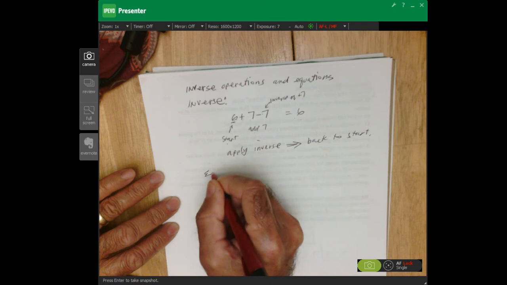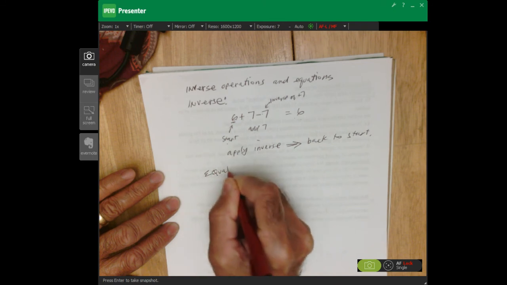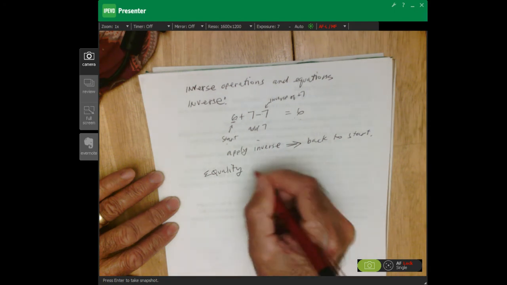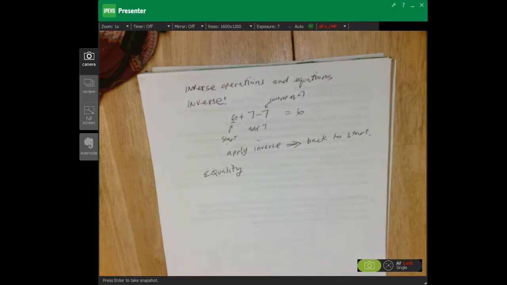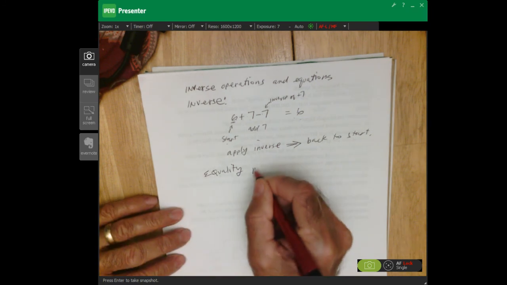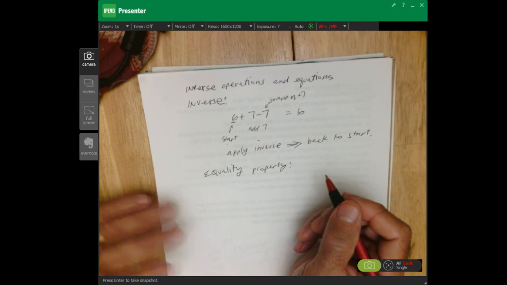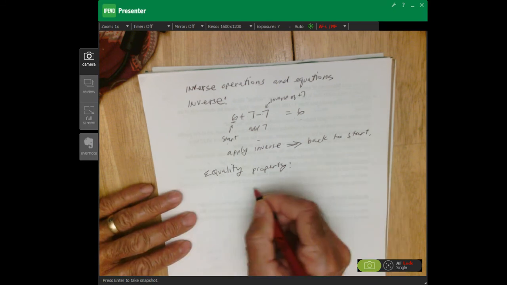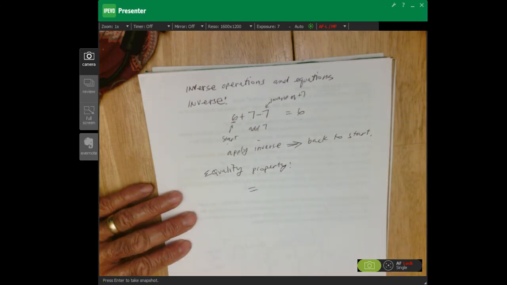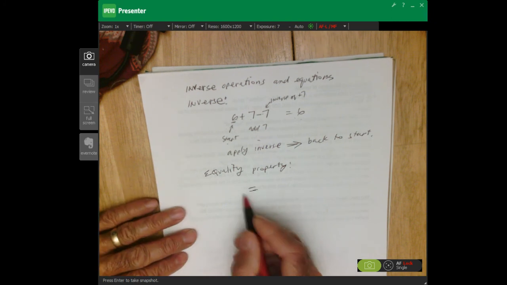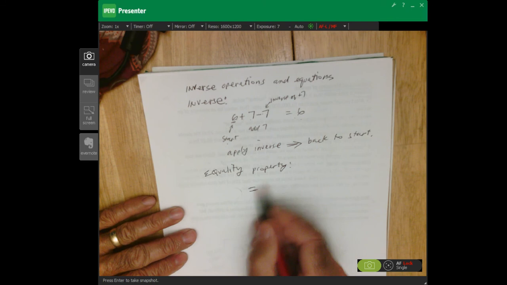Now, the other concept is the concept of equality, or there's a property of equality. Basically what that says is when we have this symbol right here, the equal sign, it means the left side is equal to the right side.